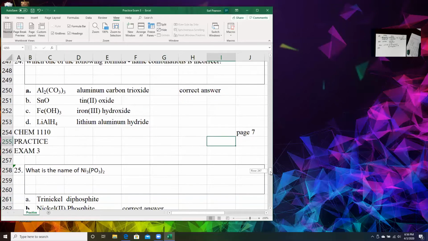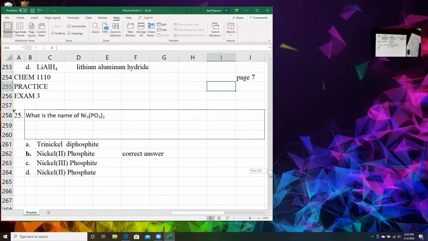All right, so let's go down to number 25. Nomenclature we can do again without the pad. If I'm looking at this compound, it's nickel combined with something, so it's going to be a nickel something compound, and the nickel is going to need a Roman numeral. We would never name a compound like that involving a metal like this. It can't be trinickel diphosphite.